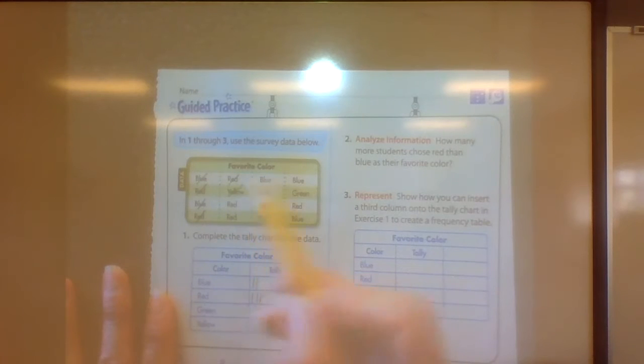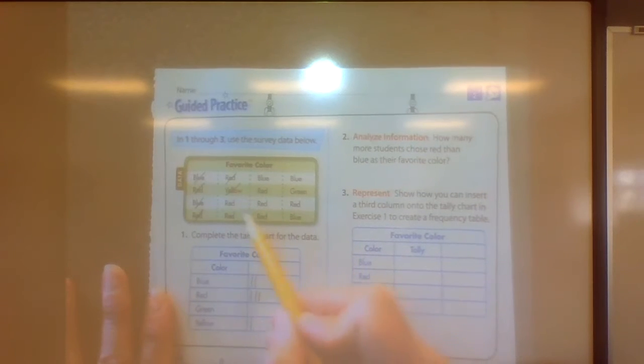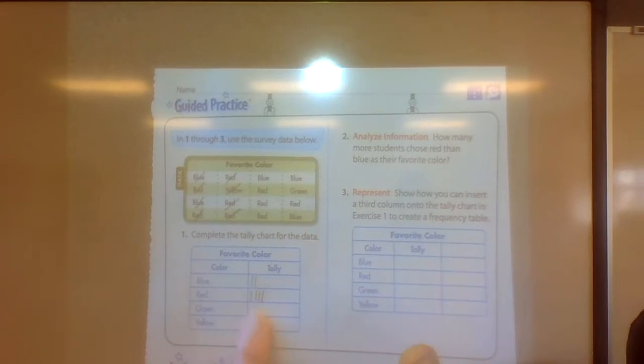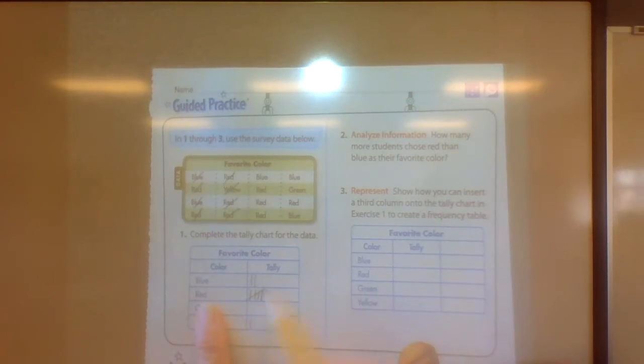A yellow. Red. Another red. Now remember, when we get to 4 and we want to put a 5th one down, we cross it like this so that we can count by 5s, because counting by 5s, everybody knows how to do that, and that way we don't have to go back and count each tally mark again. So that would be 5 reds. Okay?